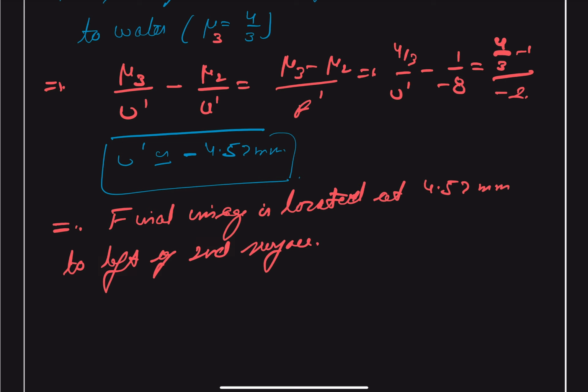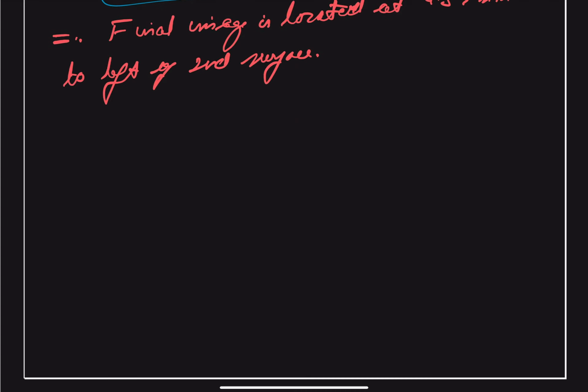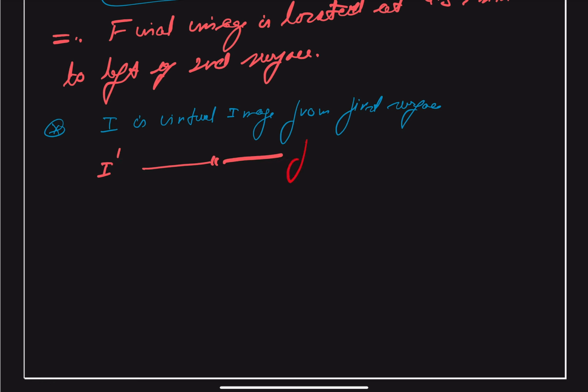And now we can draw the figure, that is our part B, which we were asked for. In this case, let us say that I is the virtual image from the first surface and I prime is the virtual image from the second surface.